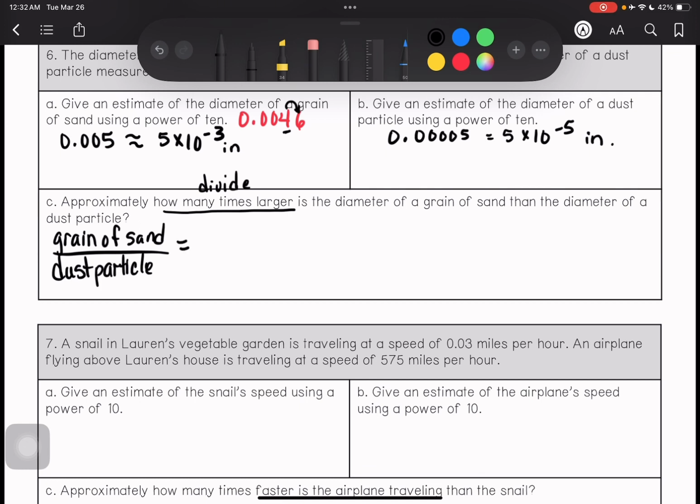A grain of sand is 5 times 10 to the negative 3, and the dust particle is 5 times 10 to the negative 5th power.